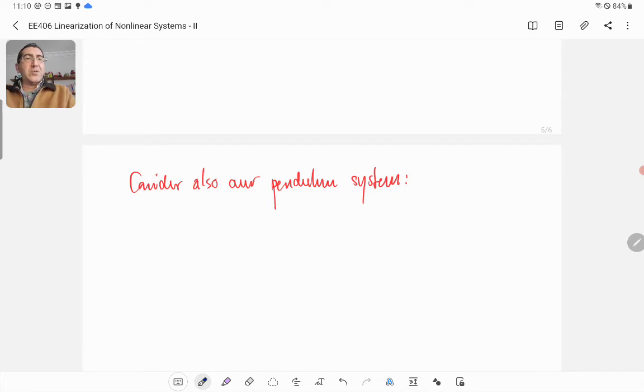Now I'm going to apply the full procedure. So I have x1 dot is equal to x2, and x2 dot is equal to, as per our nonlinear set of equations, mgl over j sine x1 minus b over j x2.